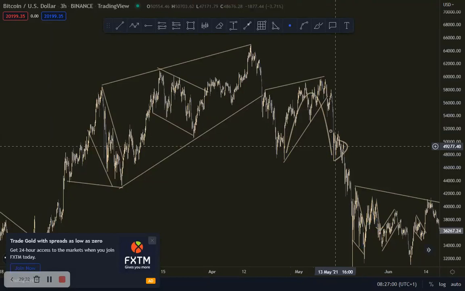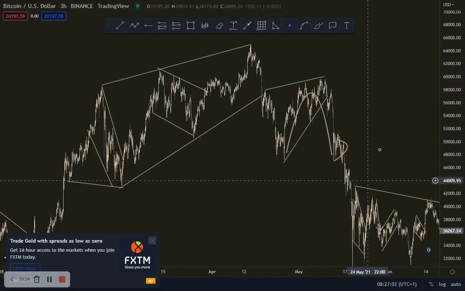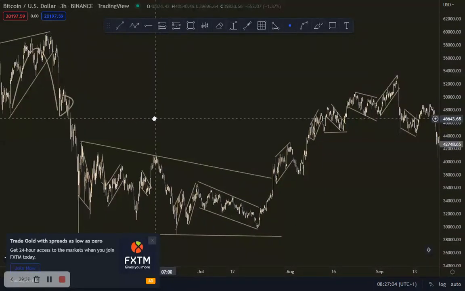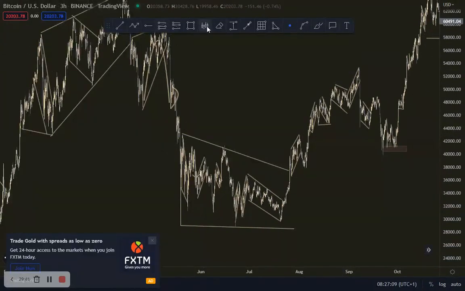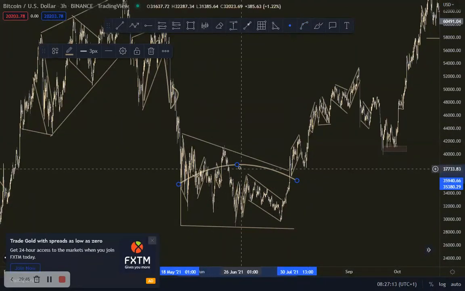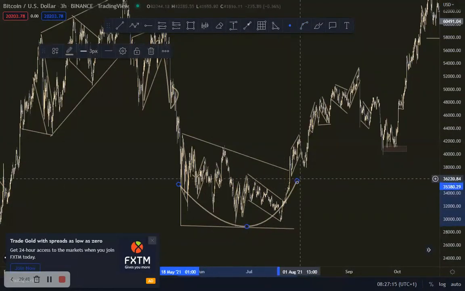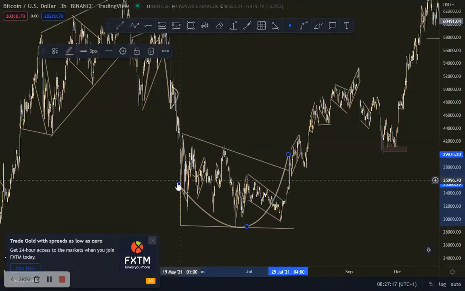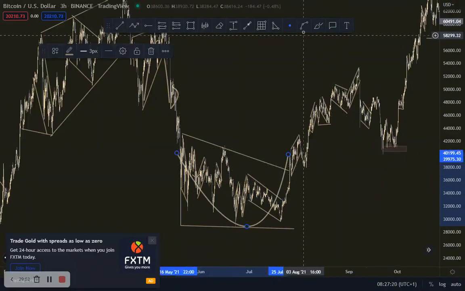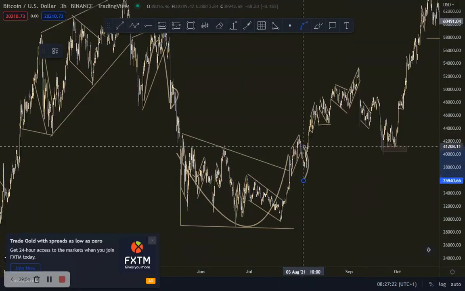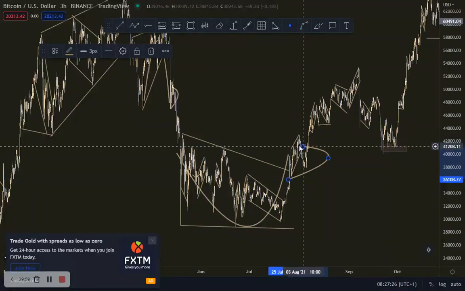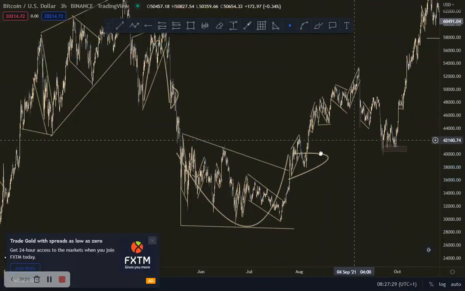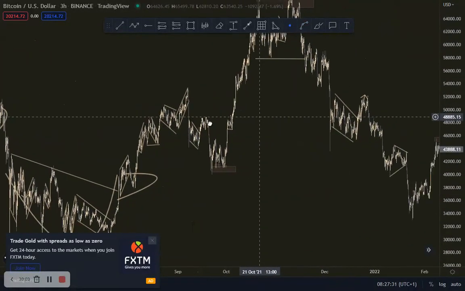We had this cup, inverse cup, and handle for the downside, right? So we can also say this was a cup and handle. Cup, handle. This is the handle for an upward movement, right?